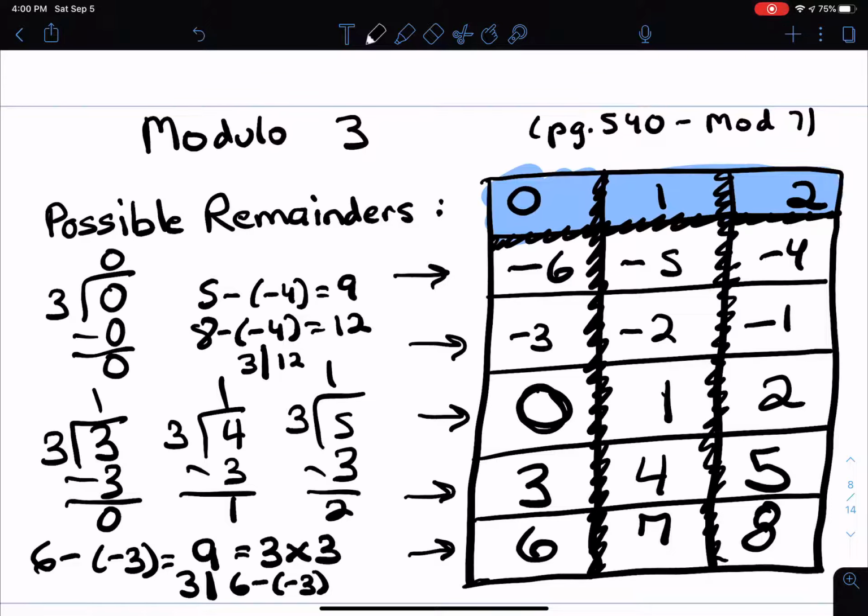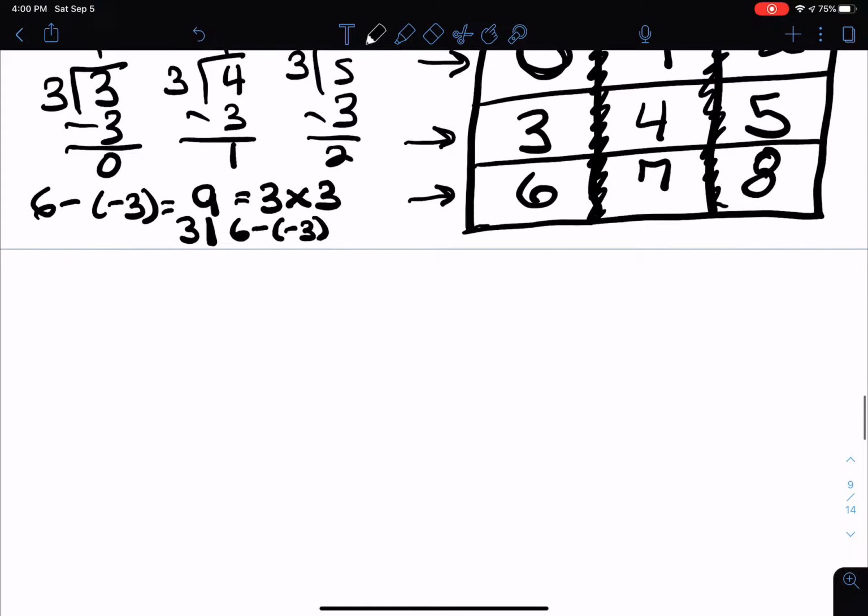So this chart might be helpful too when you start having to work with negative numbers. All right, so let's say you have an example. I'm pulling these out of the book, but let's say you have -27 and you're trying to figure out what that's congruent to mod 8.